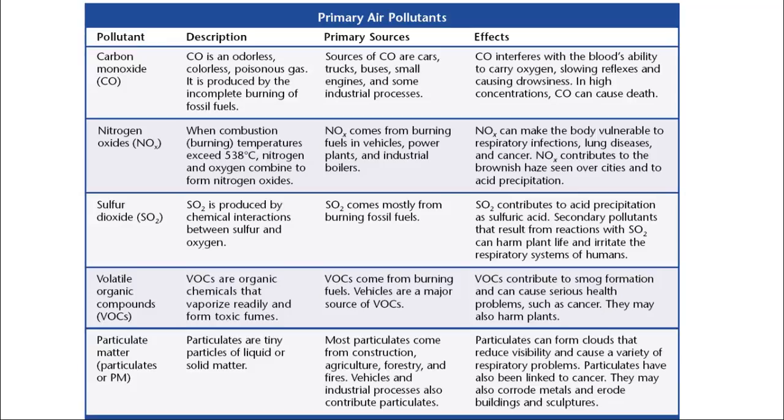Last on this list, fifth, is particulate matter. You may see it reported as PM10 or PM2.5, and the 10 or the 2.5 just tells you the width of the diameter in micrometers.